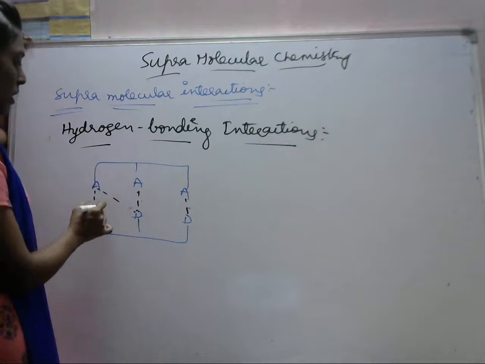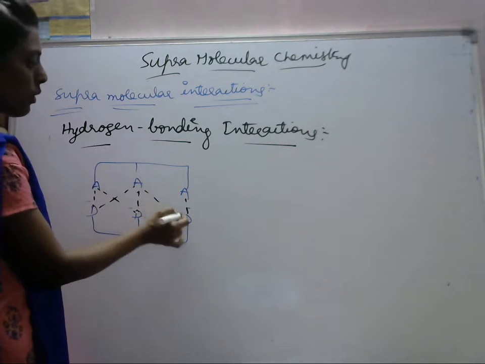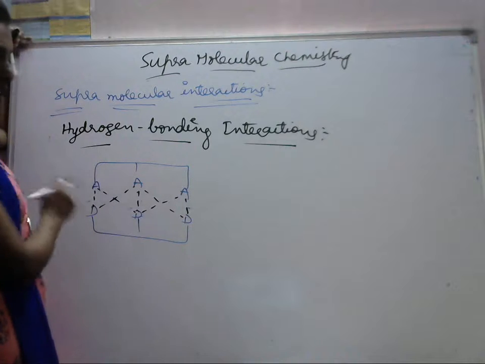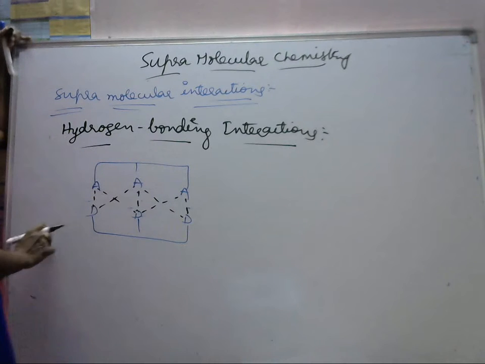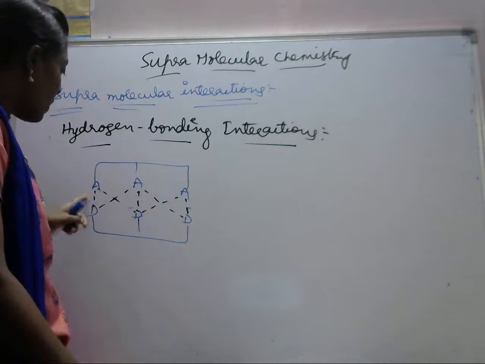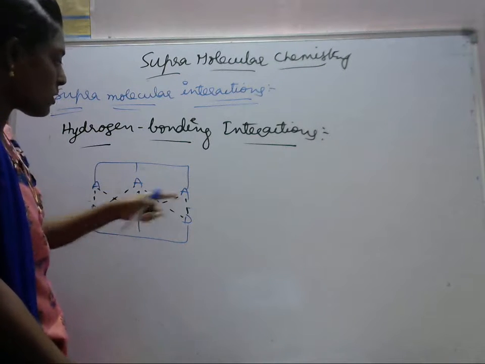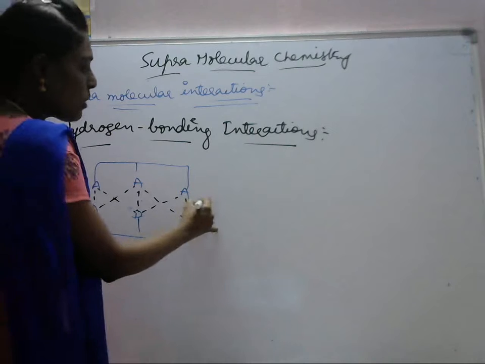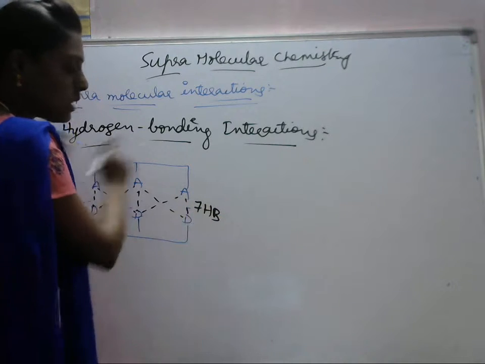So how many hydrogen bonding interactions are there in total? Here 1, 2, 3, 4, 5, 6, 7. Seven hydrogen bonding interactions are present in this type.